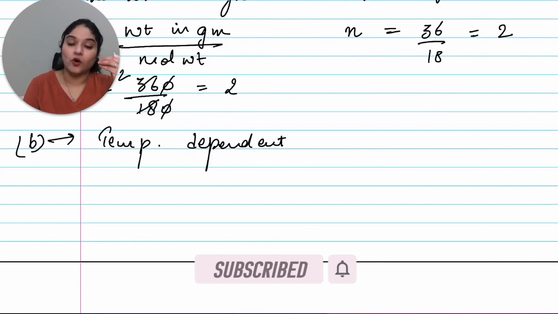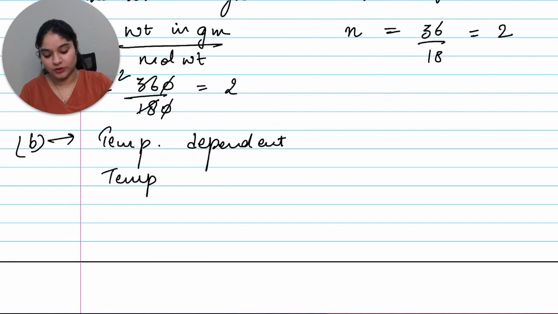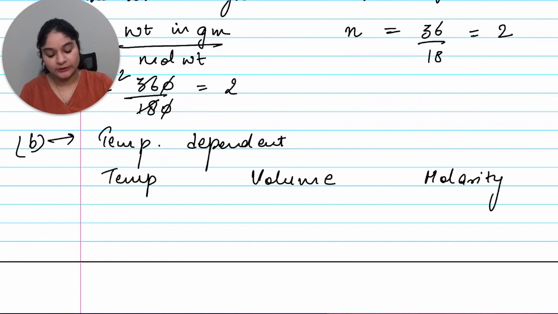Whenever we have volume, any formula that contains volume, that particular formula or identity that you are calculating will be temperature dependent. What do we mean by this? I told you that you can write temperature here, volume, and you can talk about molarity right here. Let's quickly write the formula for molarity once again.